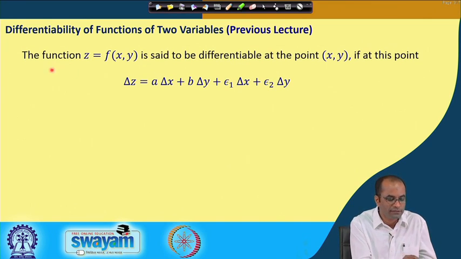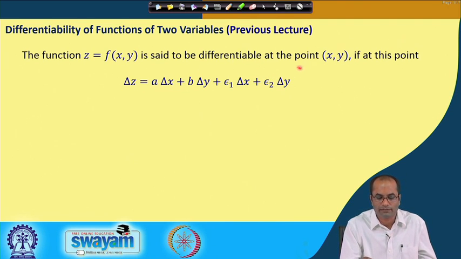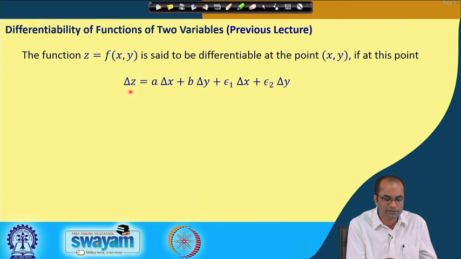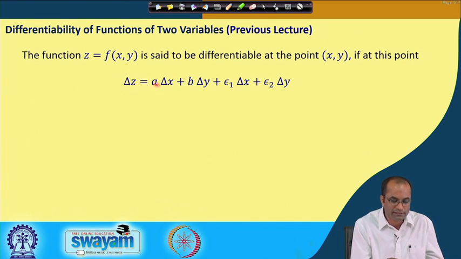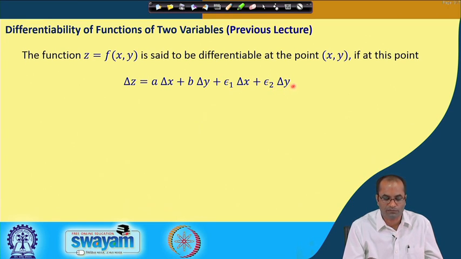What we have learned is that a function z is said to be differentiable at any point x y if at this point we can express delta z, which is the variation in z when we vary x by delta x and y by delta y, in terms of delta x and delta y: a times delta x plus b times delta y, that is a linear term, where a and b are independent of delta x and delta y, plus epsilon 1 times delta x plus epsilon 2 times delta y, and here epsilon 1 and epsilon 2 must go to 0 as delta x and delta y go to 0.